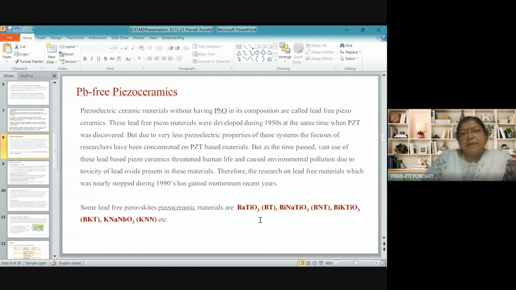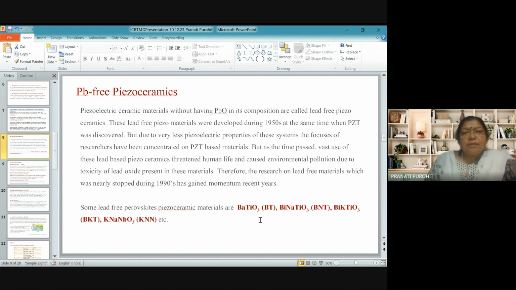These lead-free piezo materials were developed during the 1950s, at the same time when PZT was discovered. So lead-free and lead-based piezoceramic materials were discovered at the same time, but due to the very low piezoelectric properties of the lead-free systems, researchers focused on the PZT-based, lead-containing materials.